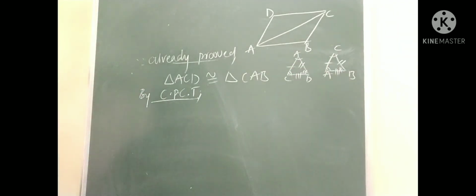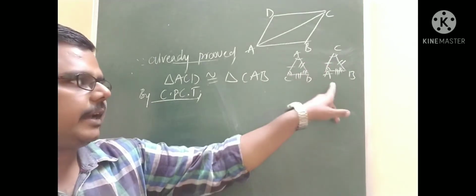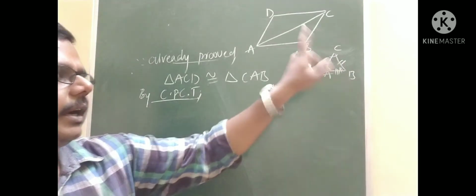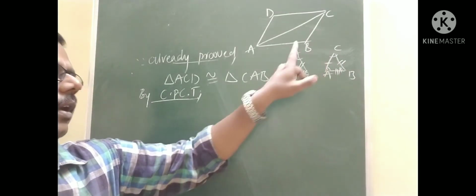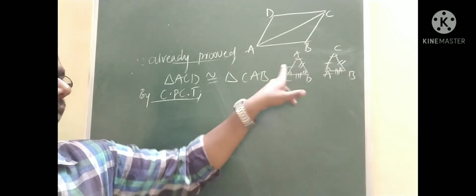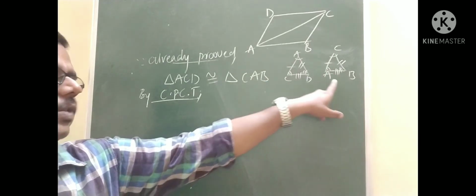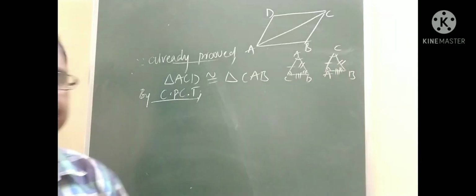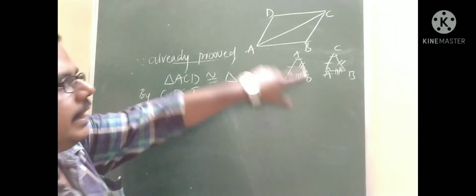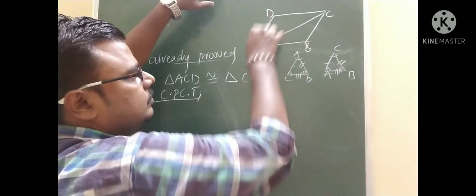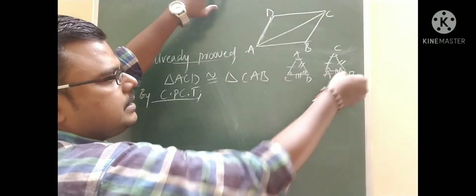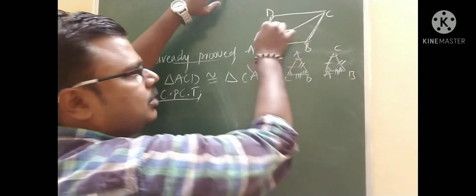So angle A is equal to angle C, angle C is equal to angle A, angle D is equal to angle B. At the same time, CA is equal to AC, then CD is equal to AB, then AD is equal to BC. If you want, you can see AD, this is the AD. AD is equal to BC, the opposite side.